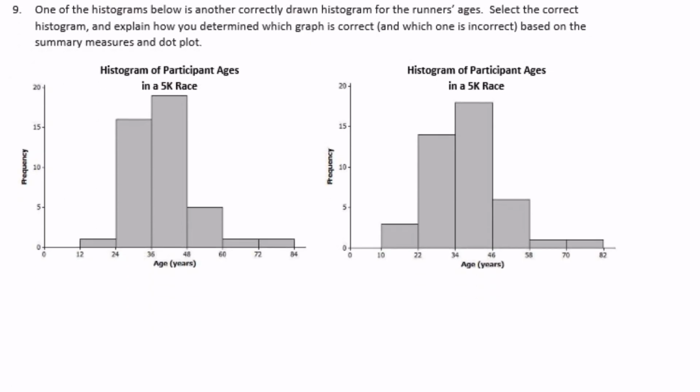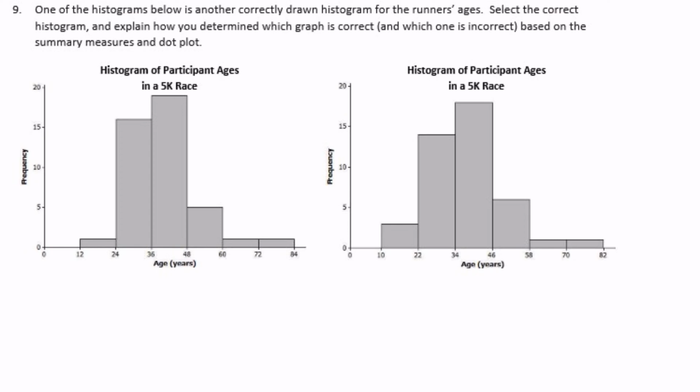Number 9, one of the histograms below is another correctly drawn histogram for runners' ages. Select the correct histogram and explain how you determined which graph is correct and which is incorrect based on the summary measures and dot plot. So we're going to have to go back up to the dot plot and all of the ages, the exact ages, and figure out which histogram is correct.